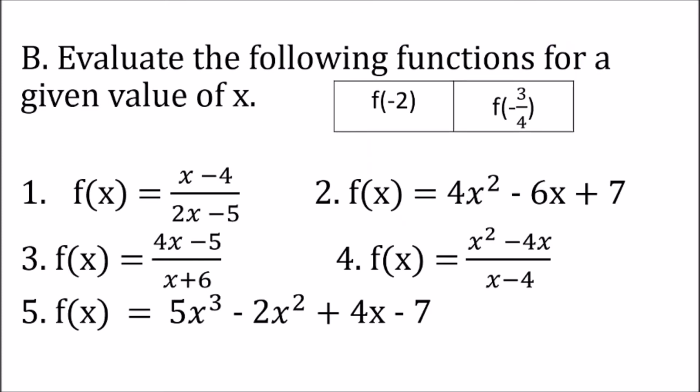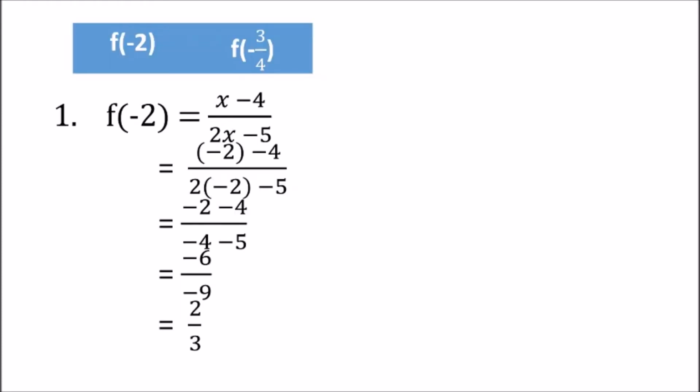Evaluate the following functions for a given value of x. If the value of x is -2 and -3/4. Number 1. F of x equals x minus 4 all over 2x minus 5. If x is -2, then the answer is 2/3.